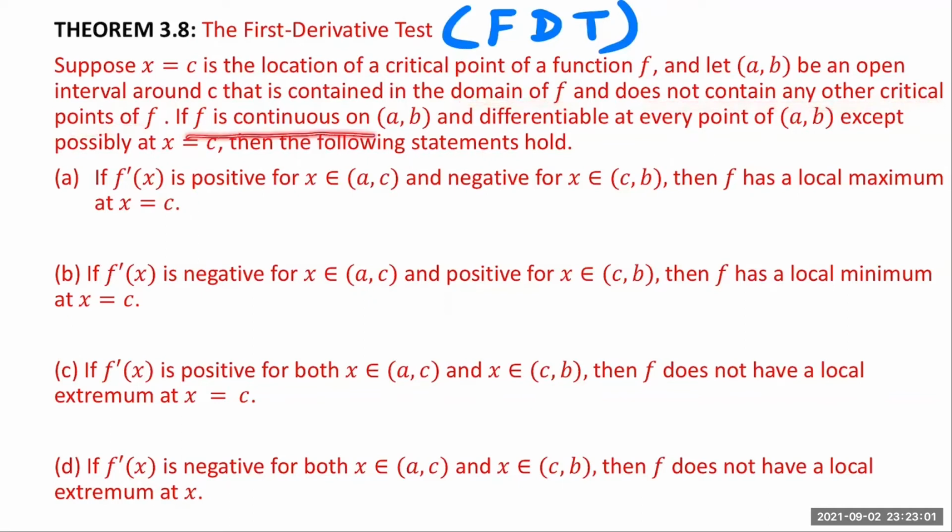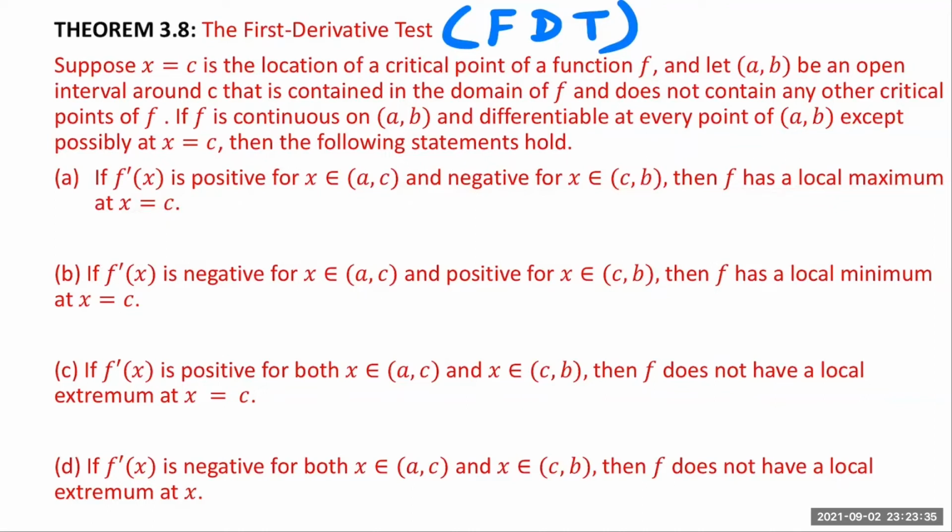If f is continuous on a comma b and differentiable at every point of a comma b except possibly at x is equal to c, then the following statements hold. Let's see what those statements tell you. Here is the first statement. If f prime of x is positive for all x between a and c and negative for x between c and b, then f has a local maximum at x is equal to c.